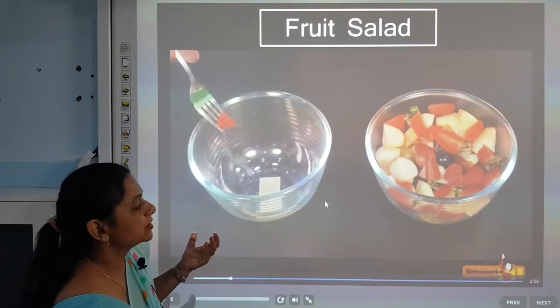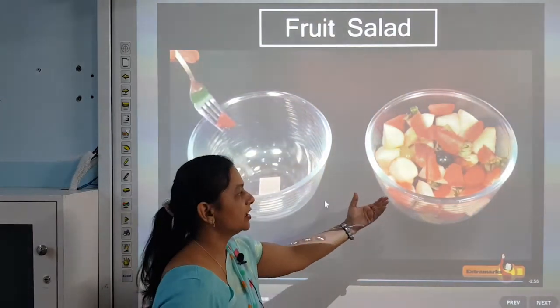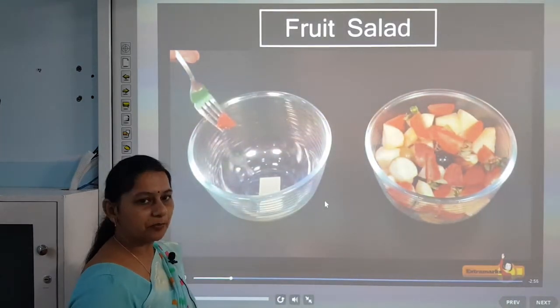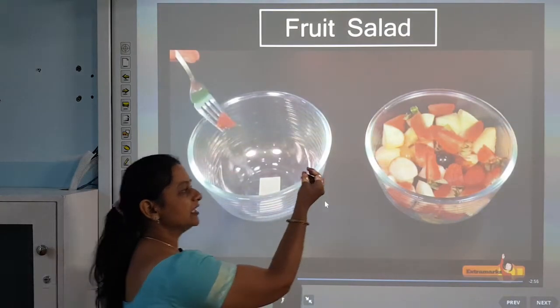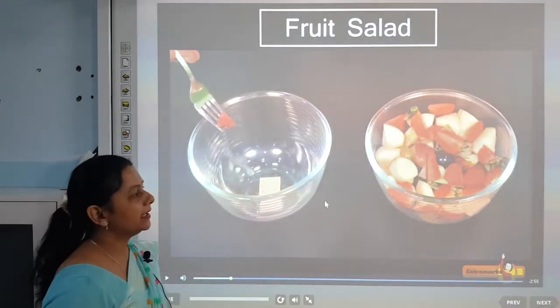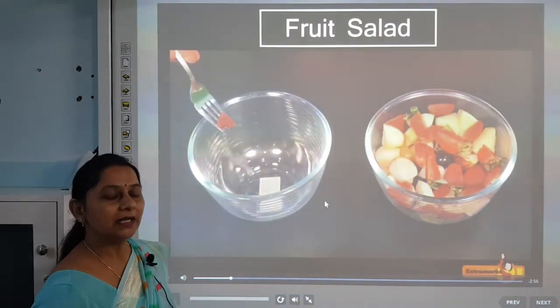A fruit salad is an example of a mixture, where you have different fruits combined in any proportion, and you can very easily separate the different fruits from it by any simple means.